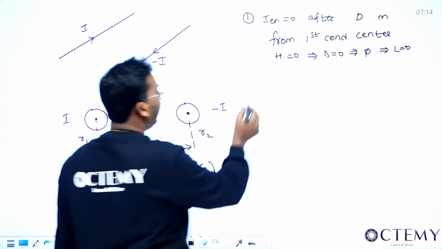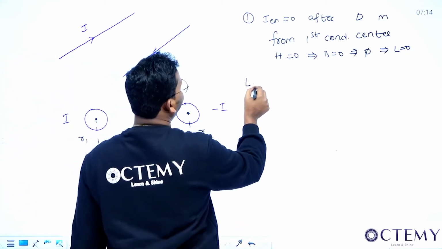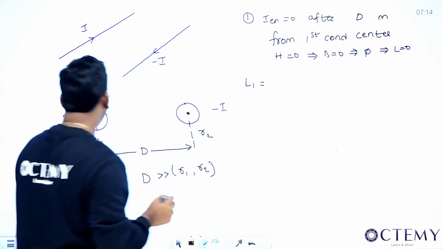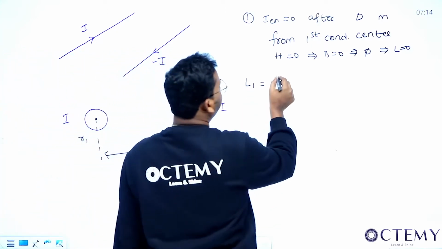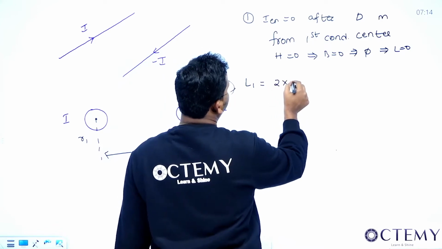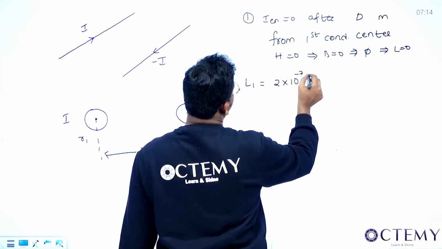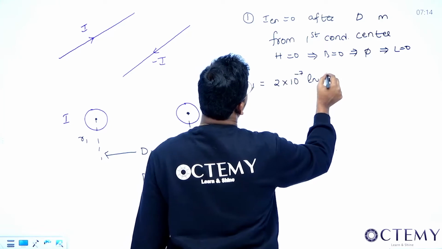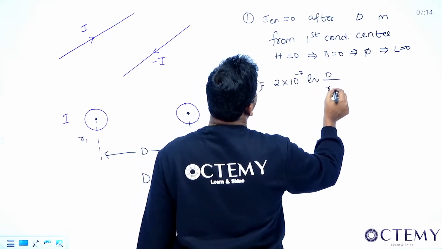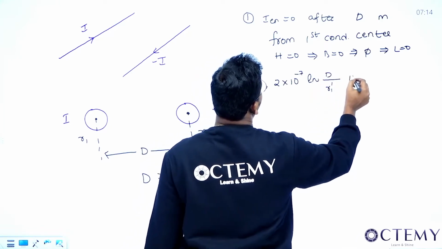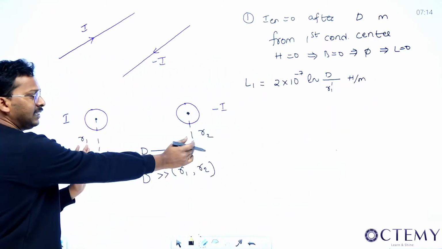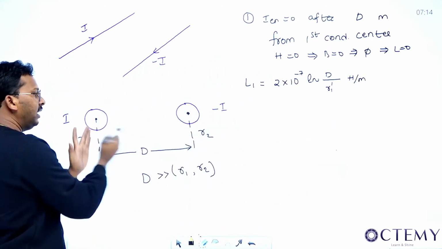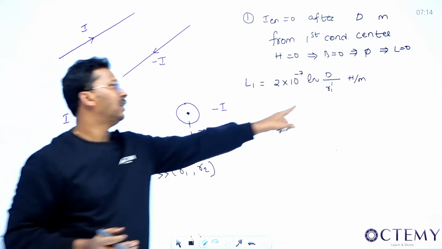So let me find L1. If I want to find L1, that is the inductance only because of this first conductor, I already know the formula. That is 2 into 10 power of minus 7 ln d by R1 dash. This is Henry per meter. Because of this current, the longer distance is d, the shorter distance is R1 dash.